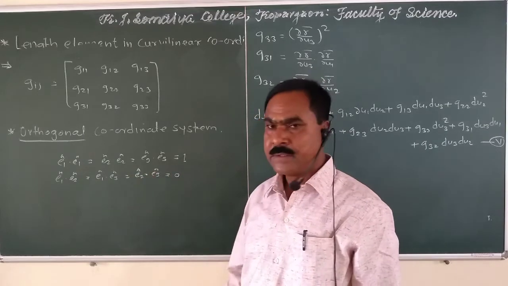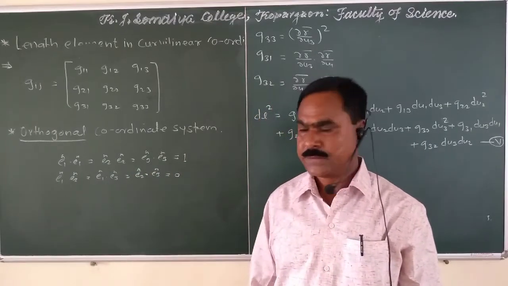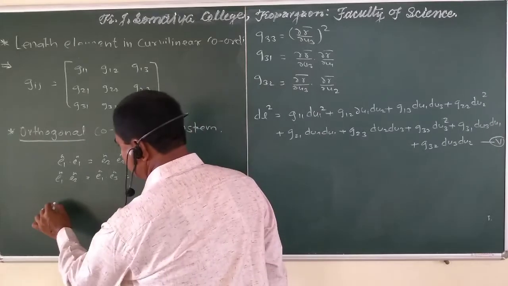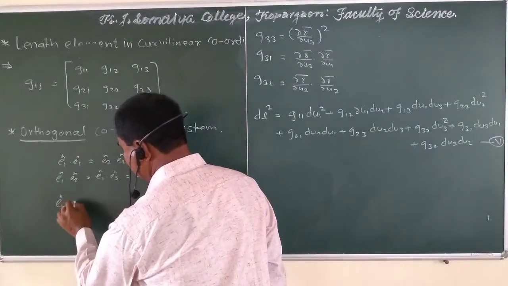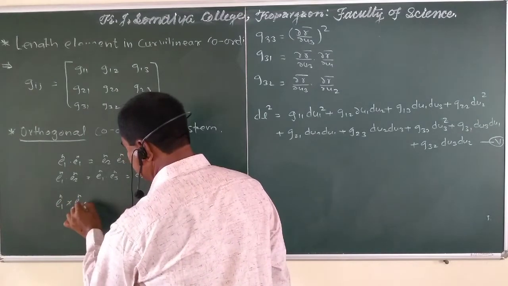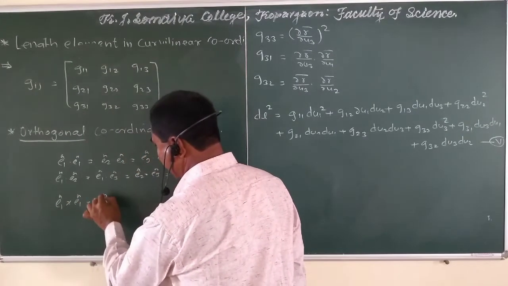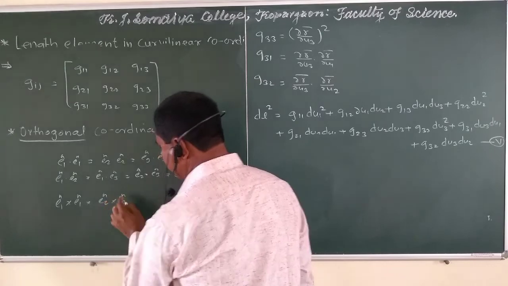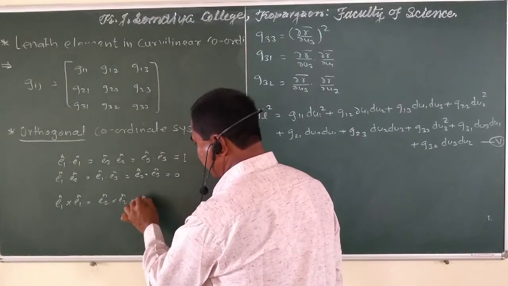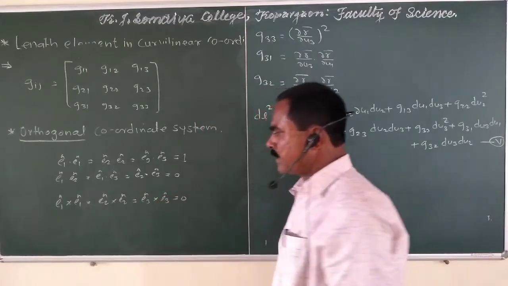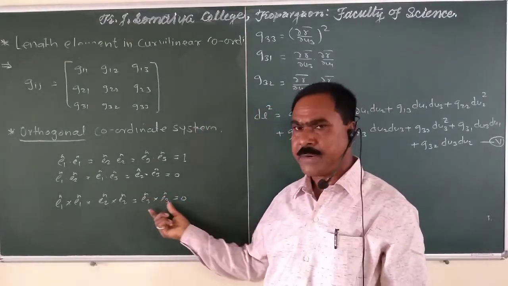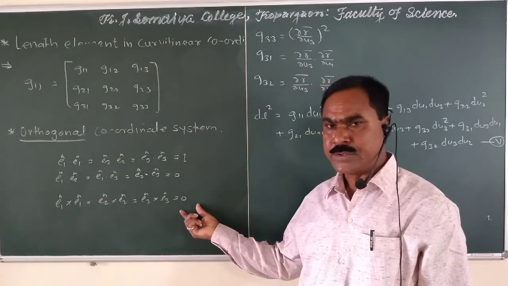Similarly, we can write the cross product. E1 cap cross E1 cap equal to E2 cap cross E2 cap equal to E3 cap cross E3 cap, and the cross product of similar vectors is always 0.